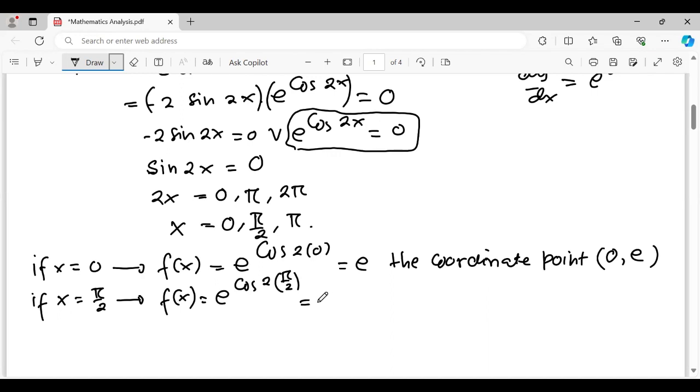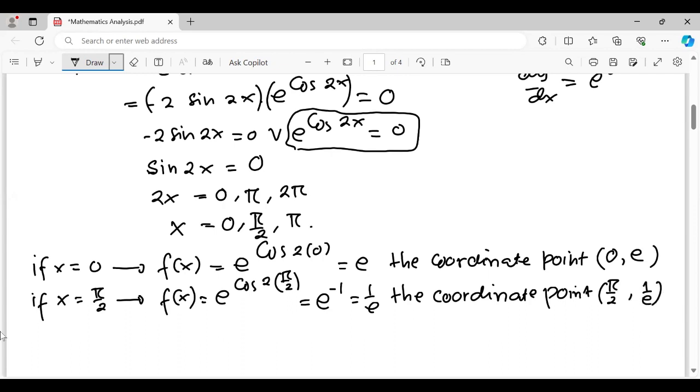It is e power minus 1 because cosine pi is minus 1, so 1 over e, and the coordinate point is pi half, comma 1 over e.